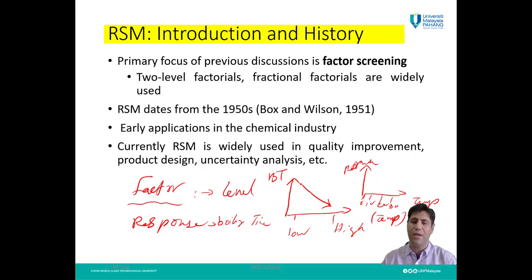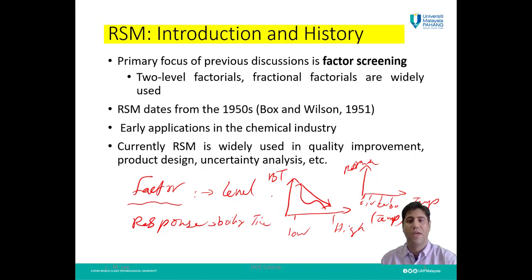But usually it may not be like that. For example, it may be a polynomial equation. The change of the boiling time with temperature is clear according to our experience, but maybe the behavior of the curve is not that clear.